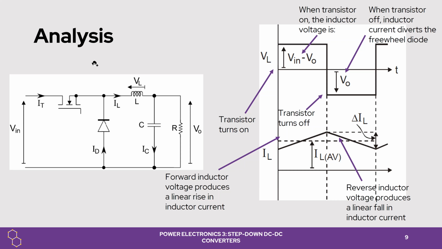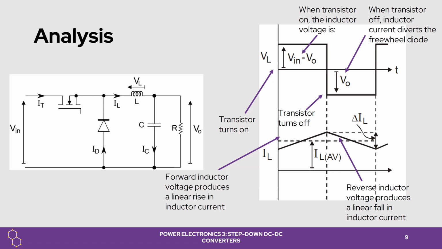And what that does to us is, since the derivative of the current is a positive constant of V input minus V output, the current increases linearly according to the current equation of the inductor.